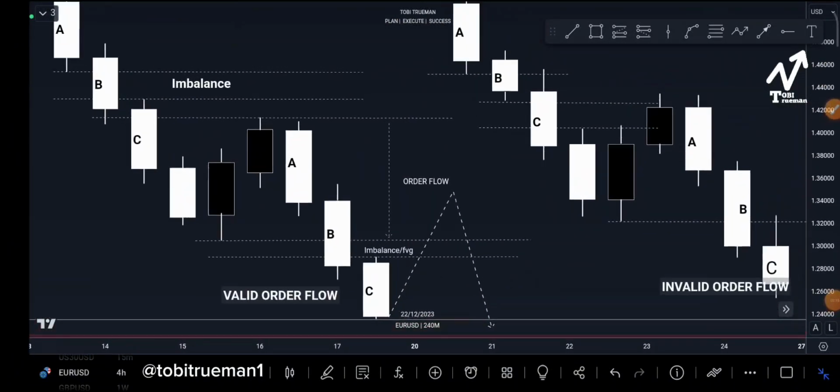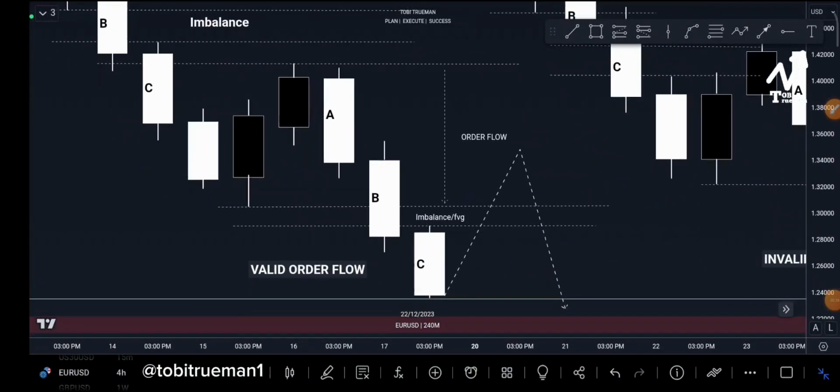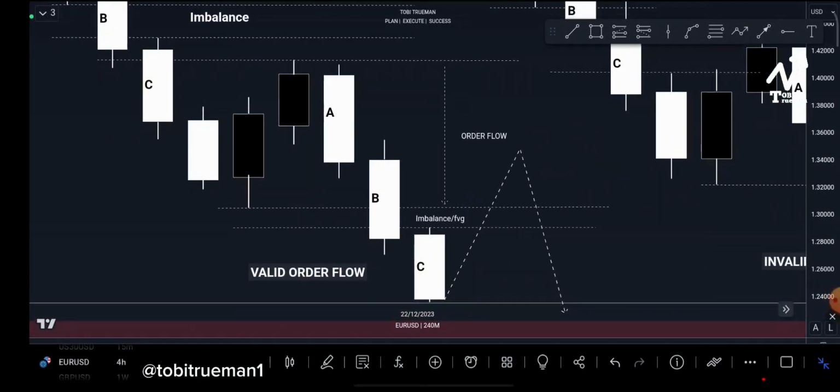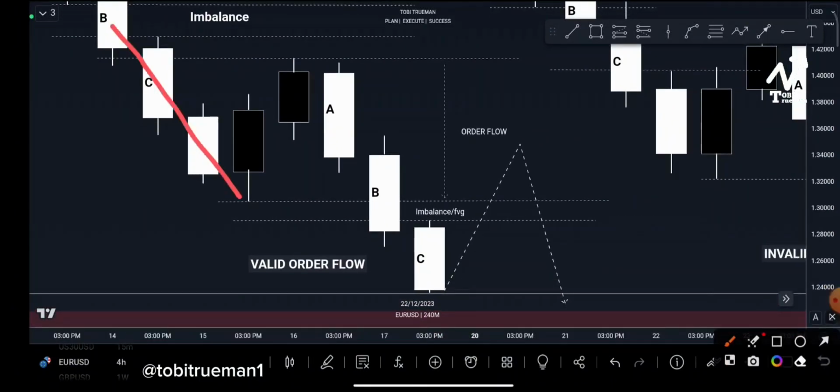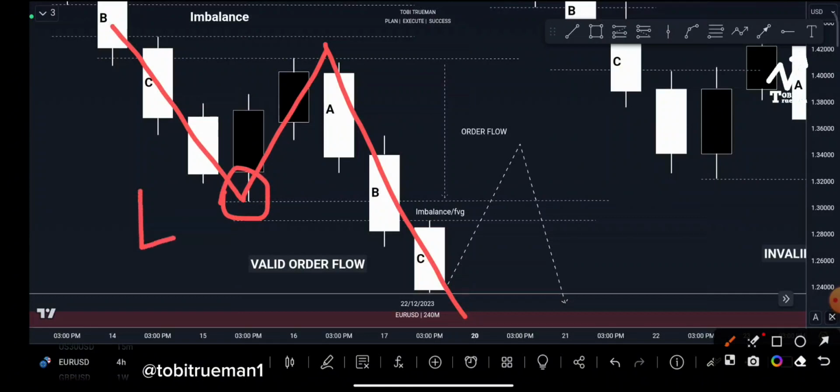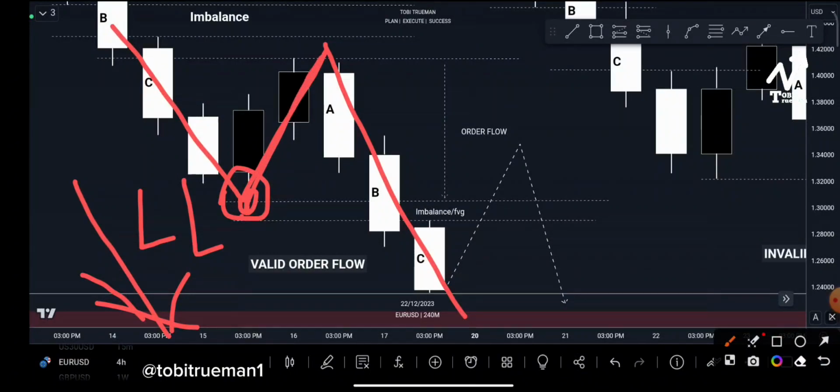As can be seen from this chart, we have learned about impulsive move, corrective move, impulsive move. This is a downtrend, so the first impulsive move, the point that the price is going to reverse from, we are going to call it the lower low, since we are in a downtrend. The first point that price will trace from makes a corrective move.